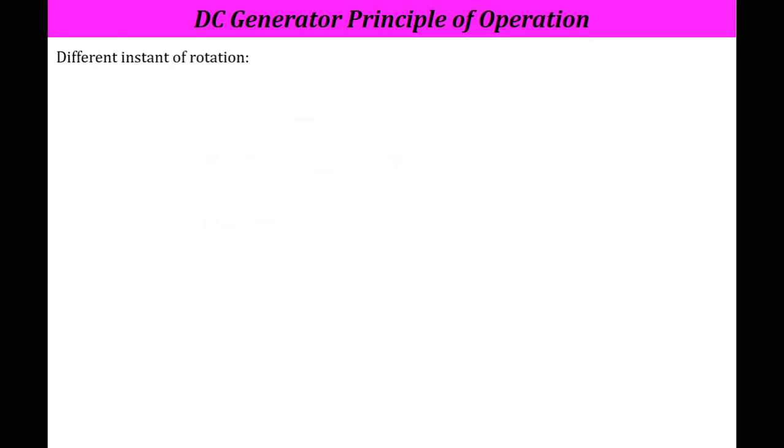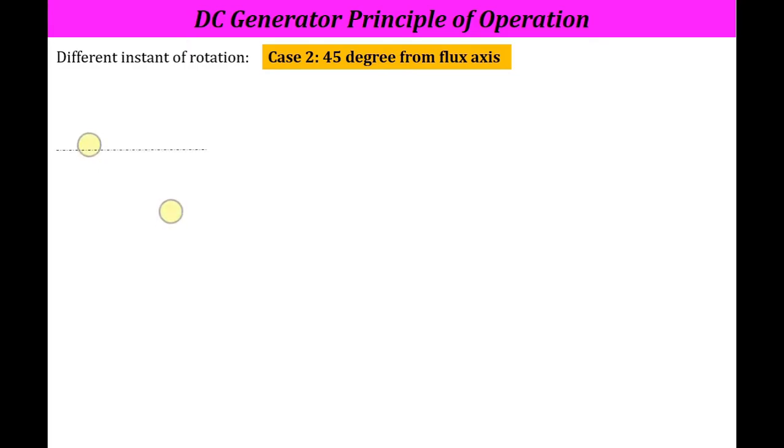Now, let's take a second case. Suppose that the conductor has a position 45 degrees from the flux axis. This is the flux axis. Initially this conductor was at this place. Now the angle made with respect to the flux axis is 45 degrees. Now what is the force?